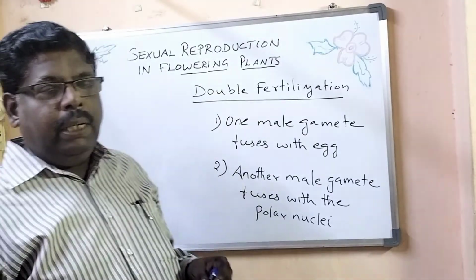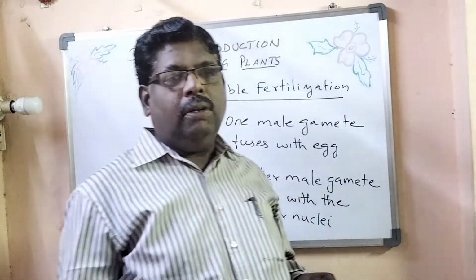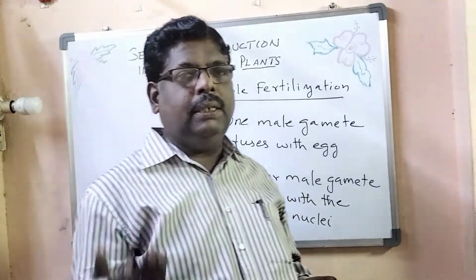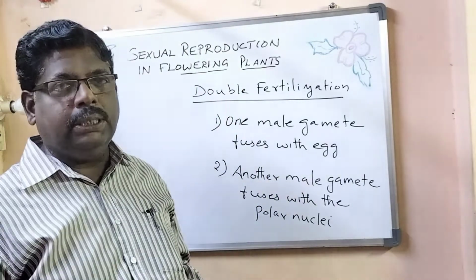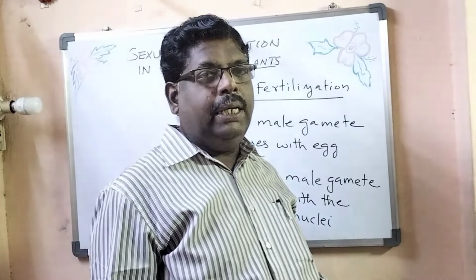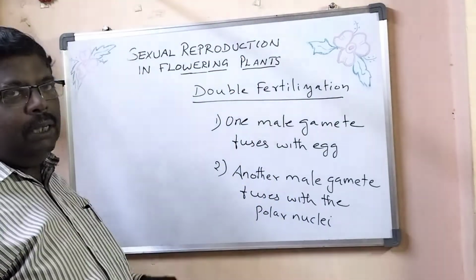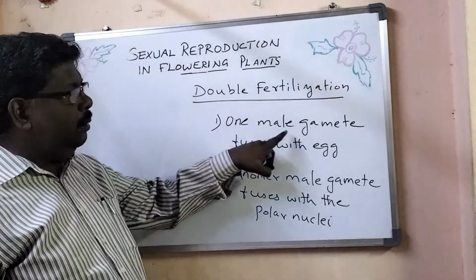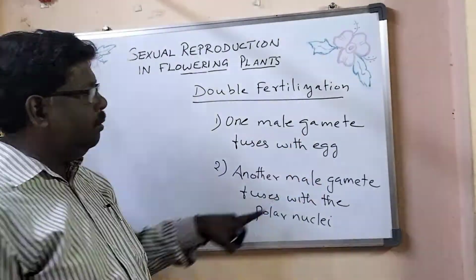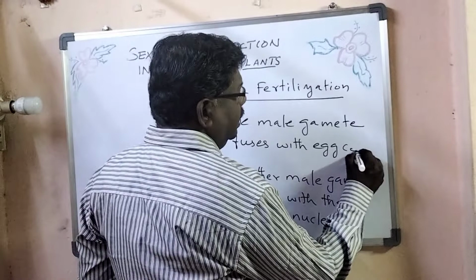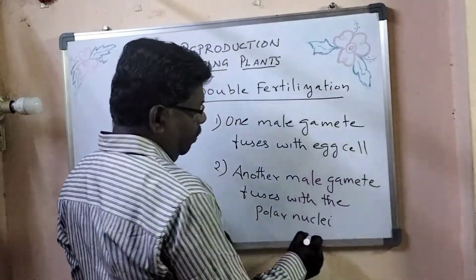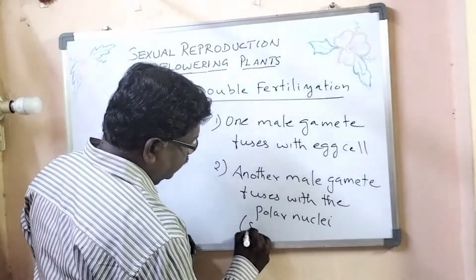So one male nuclei fuses with the egg cell, that is called fertilization or syngamy. Another male gamete or male nuclei fuses with the polar nuclei, which is now known as secondary nucleus. So this is called double fertilization. One male gamete fuses with the egg cell, the other male gamete fuses with the polar nuclei or secondary nucleus.